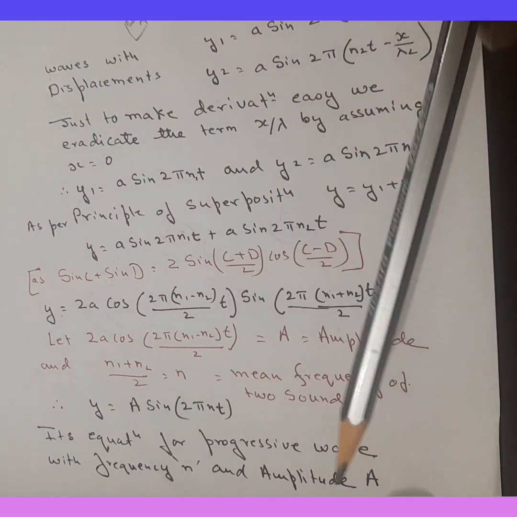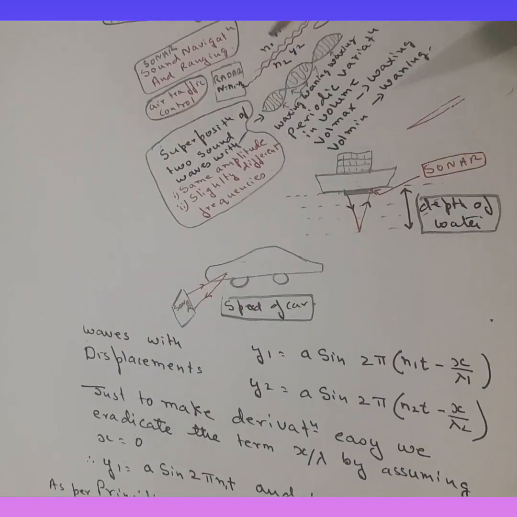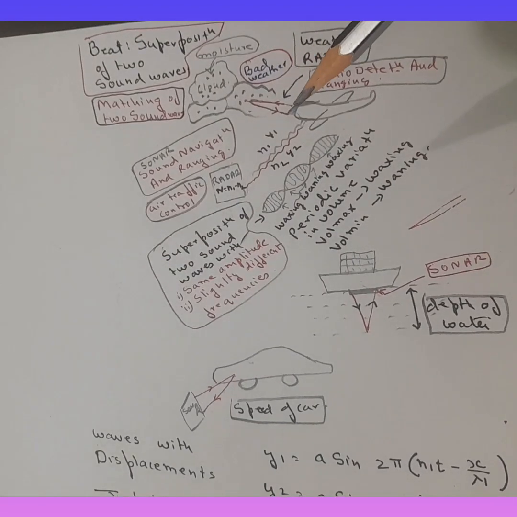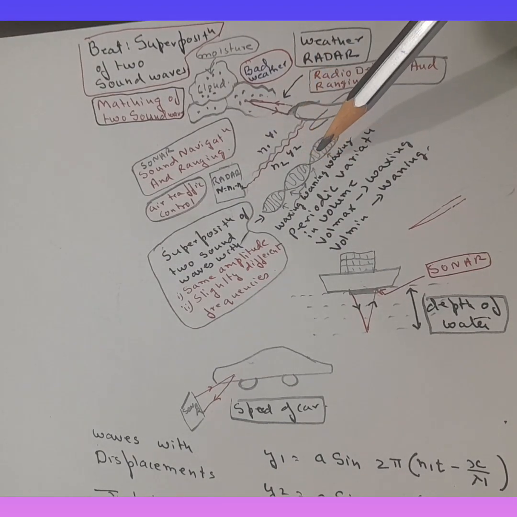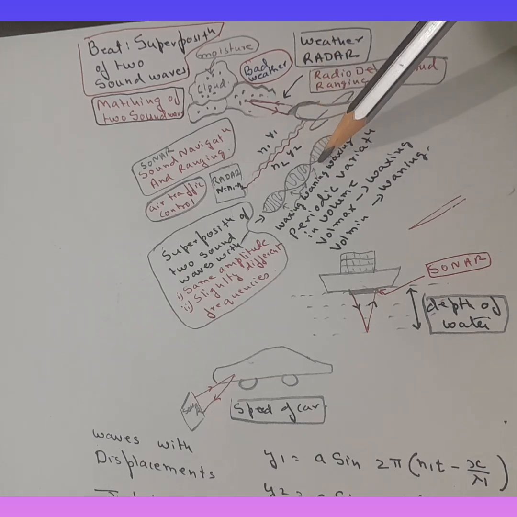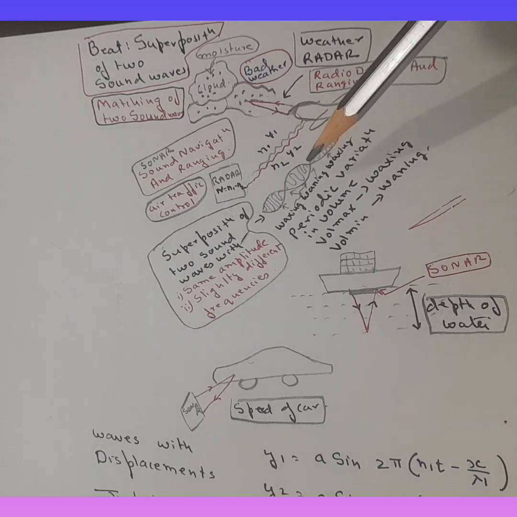So finally it is decided. We were a bit confused about whether the superposition of waves created a progressive or stationary wave. Now we are sure that since the equation is a sine 2 pi nt, it is a progressive wave.